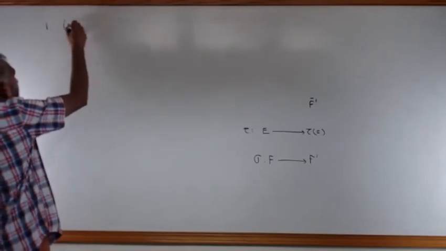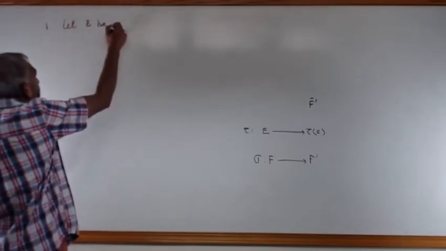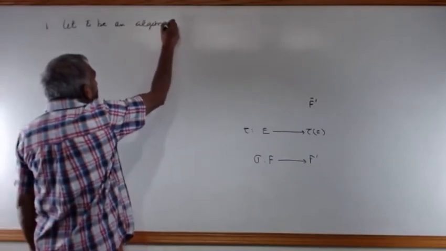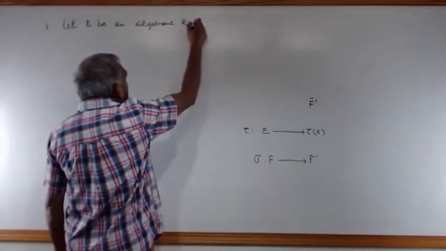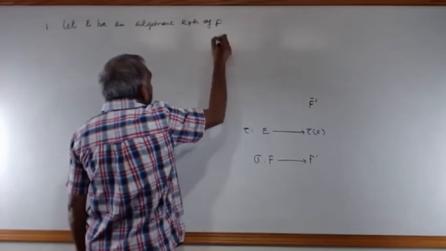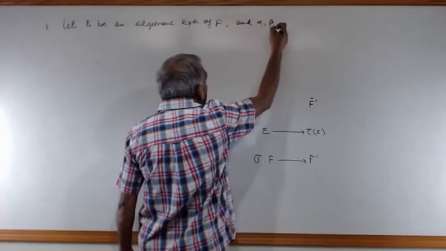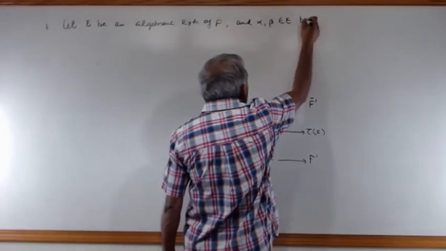So let E be an algebraic extension of F, and alpha, beta belonging to E be conjugates.